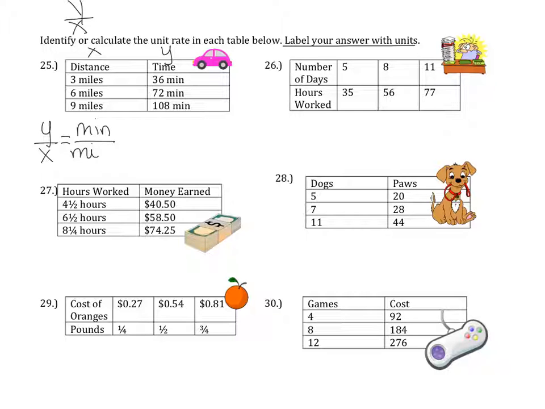So we're trying to find out how many minutes it takes us to drive 1 mile. We're going to go ahead and do 36 divided by 3, which is 12 minutes per mile. And the nice thing there is if you did 72 divided by 6 or 108 divided by 9, you'd still get 12 minutes per mile. So that part does not matter.